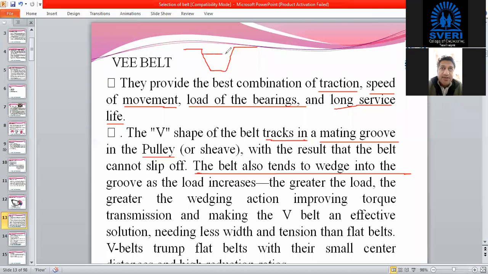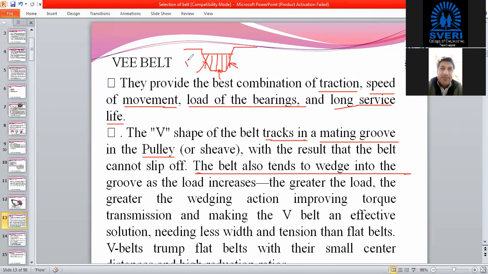here we can see the belt tip placed inside the V groove of that pulley. In this case, we get normal reaction from the bottom side as well as from the walls of that pulley.